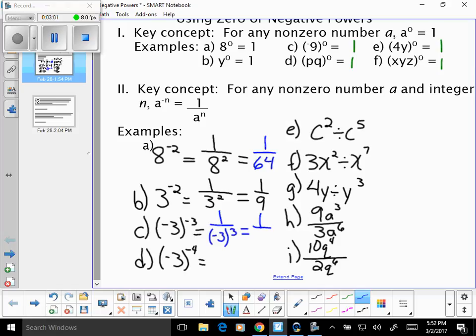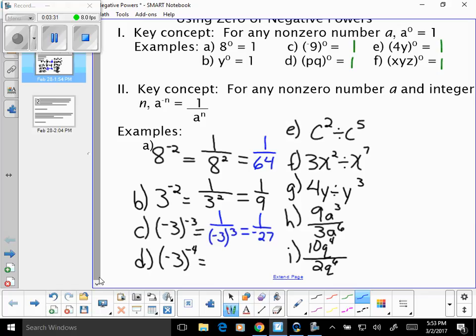Negative 3 times negative 3, which would be squaring it, is going to be a positive 9. But then positive 9 times negative 3 is a negative 27. Now we have a choice. You can put that negative sign by the denominator. Some people actually write it out in front, even with the division bar.